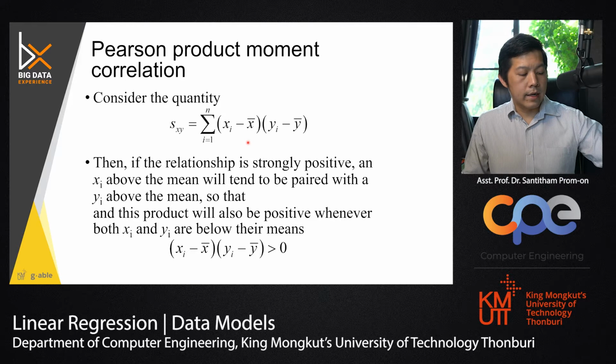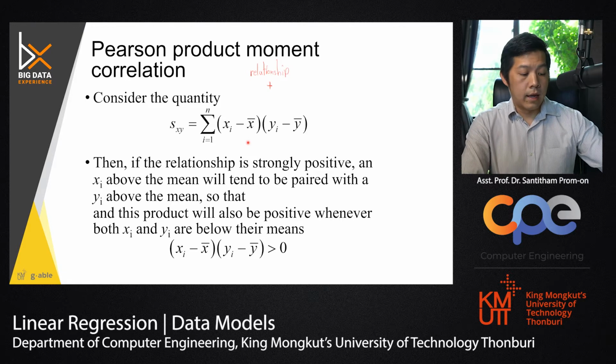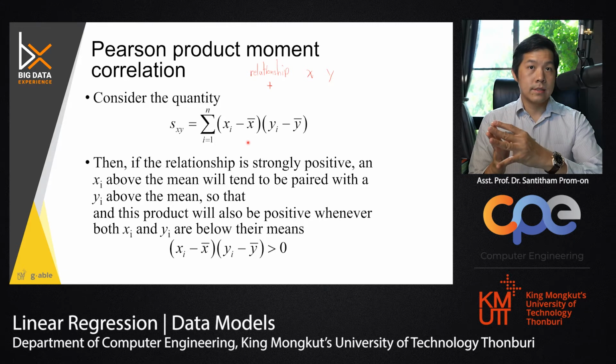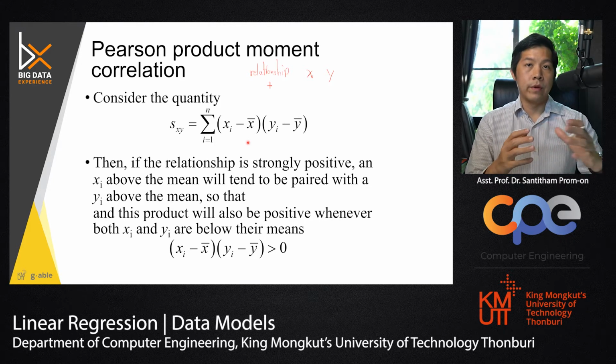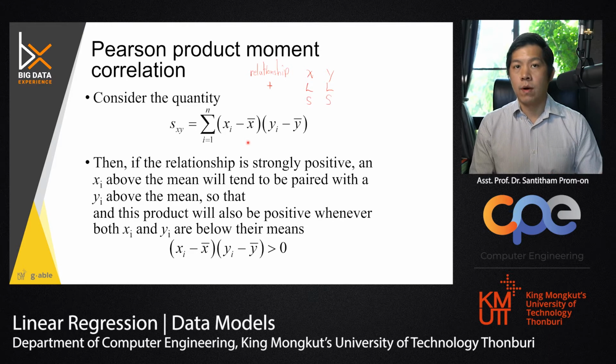If your data has a positive relationship, let me put it this way: you have a relationship in the positive way between x and y. So if you have positive relationships, that means large x with large y, and small x would pair with small y. So I would write it like this: large x pairs with large y, small x pairs with small y.